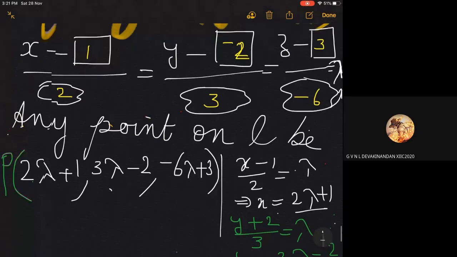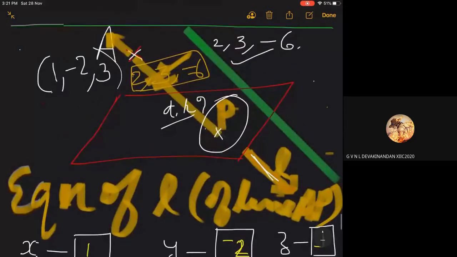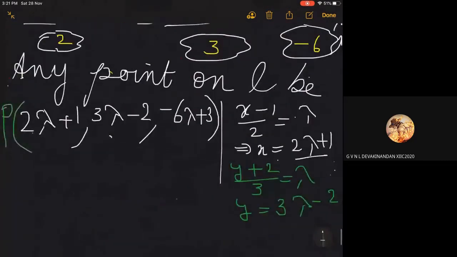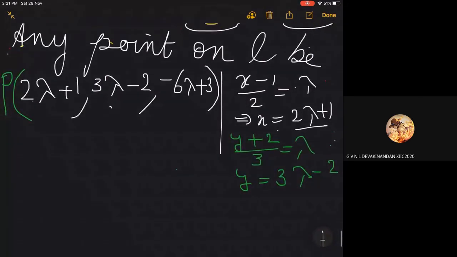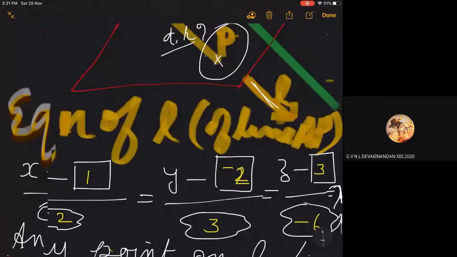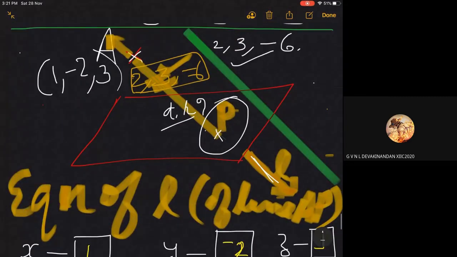Now any point on the line you have considered. To get the value of lambda, what condition will you apply? Any point on the line can be anywhere, but P is the only point which lies on the plane.